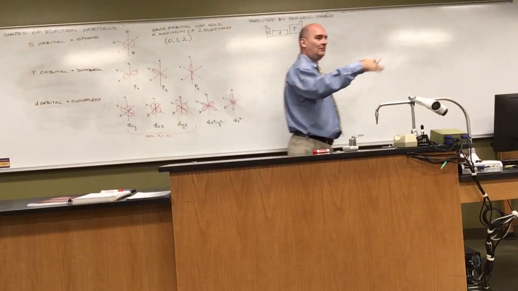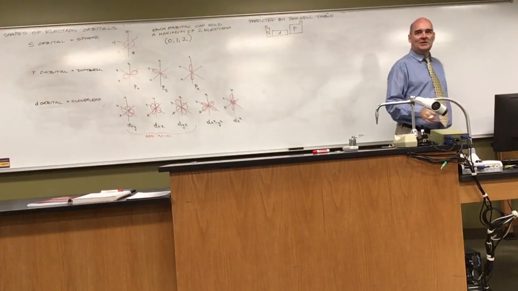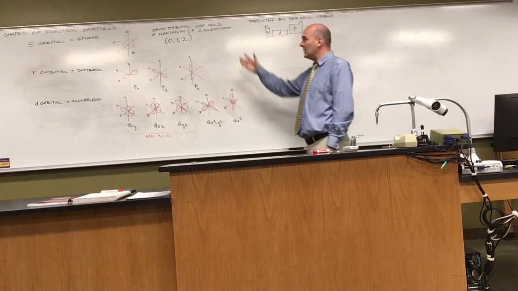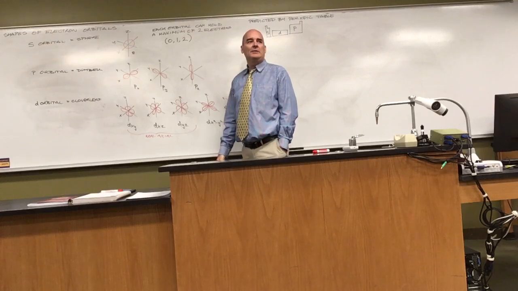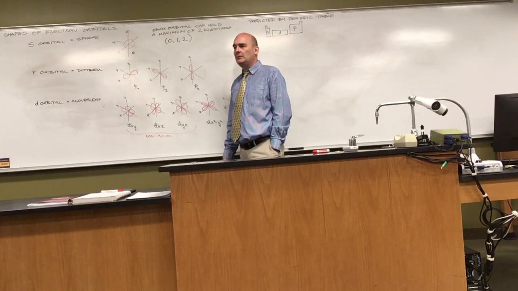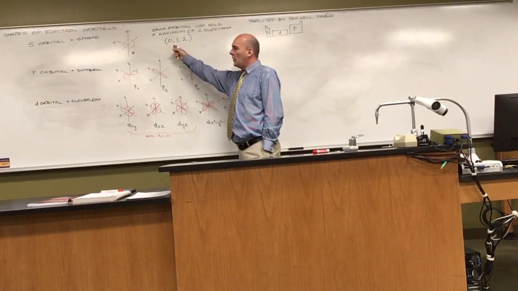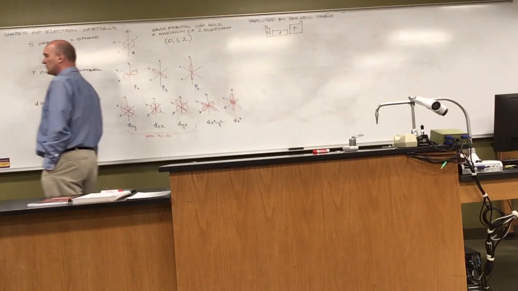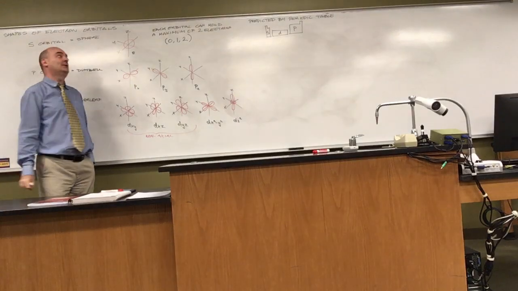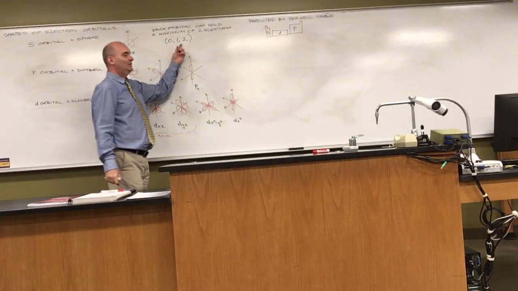Cannot be a fractional number because there's no such thing as half an electron. Cannot be 3, cannot be -1 because you can't have a negative of an electron. Okay? So my occupancy of these orbitals is either a 0, a 1, or a 2, and the maximum you're allowed to put in is 2.